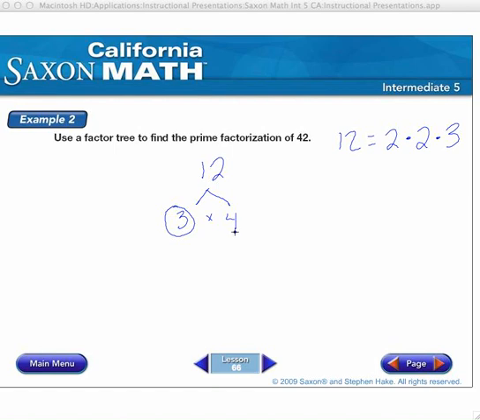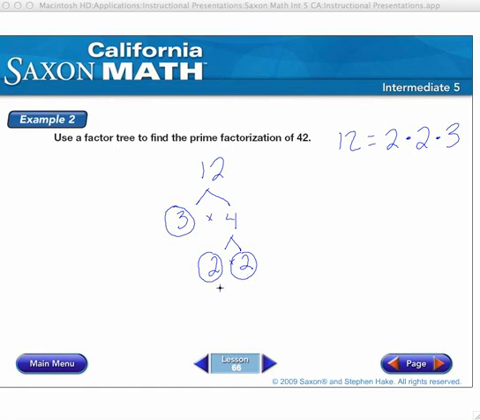4, however, I can keep going. 4 is composite. So I'm going to draw 2 more little diagonal lines, and I'm going to ask myself, what can I multiply together to get 4? I know that 2 times 2 equals 4. Well, 2 is prime, and 2 is prime, so I'm going to stop here.